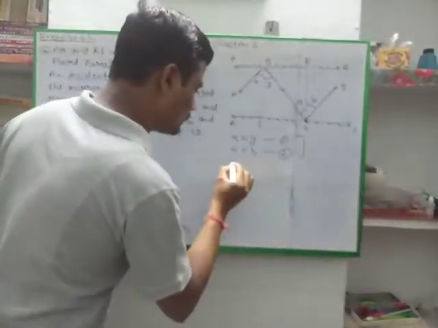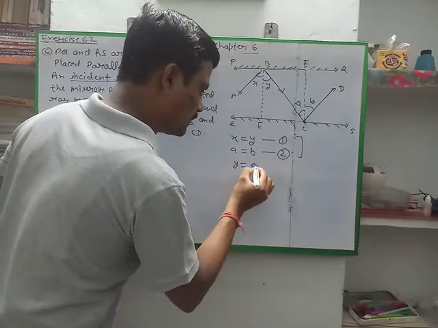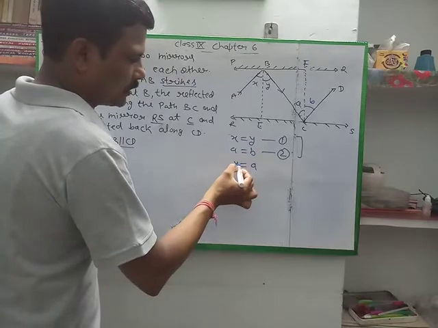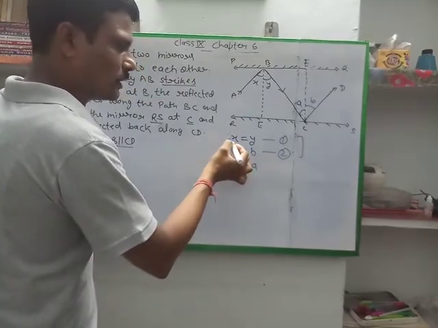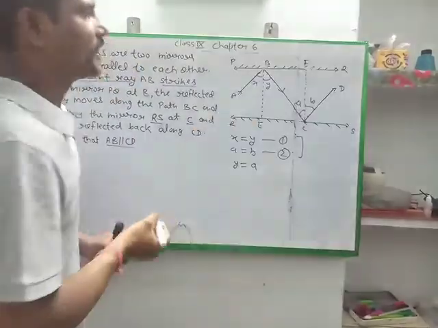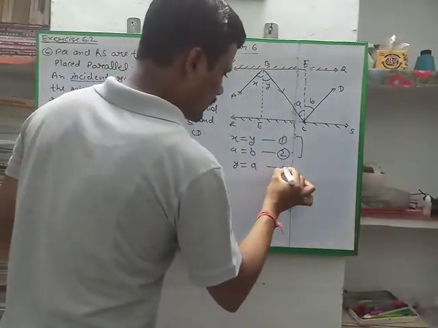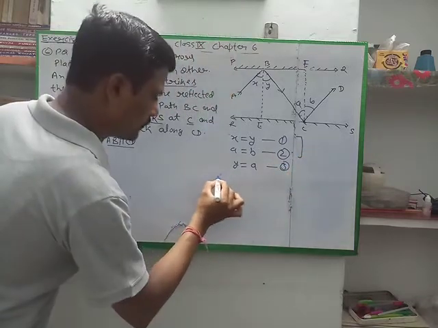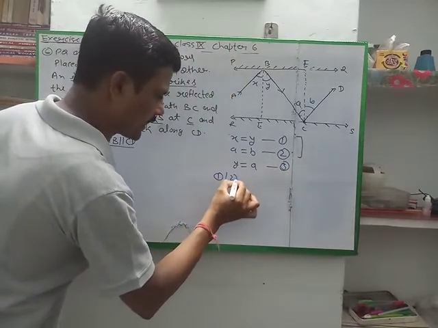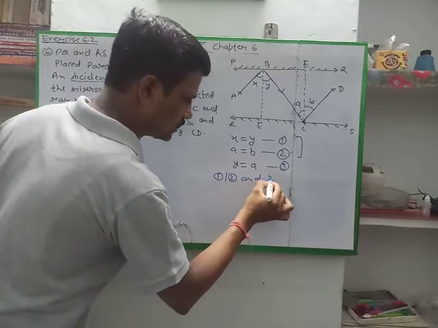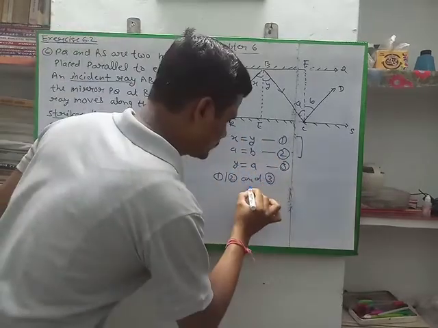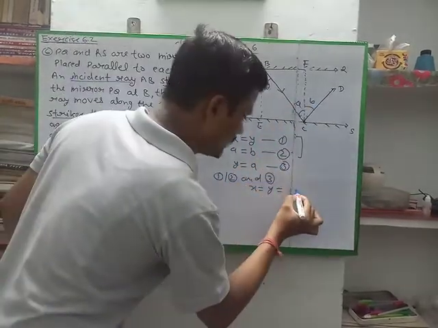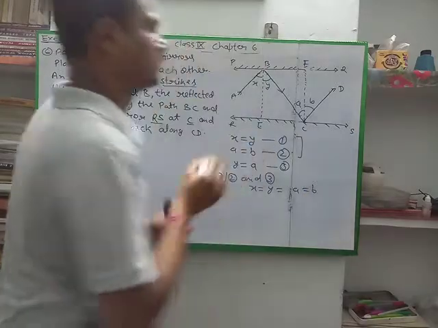So you can write down angle Y is equal to angle A. So angle Y is equal to angle A and angle Y is also equal to angle X. So we can say the overall four angles are equal. So we can say by first, second and third, X is equal to Y is equal to A is equal to B.